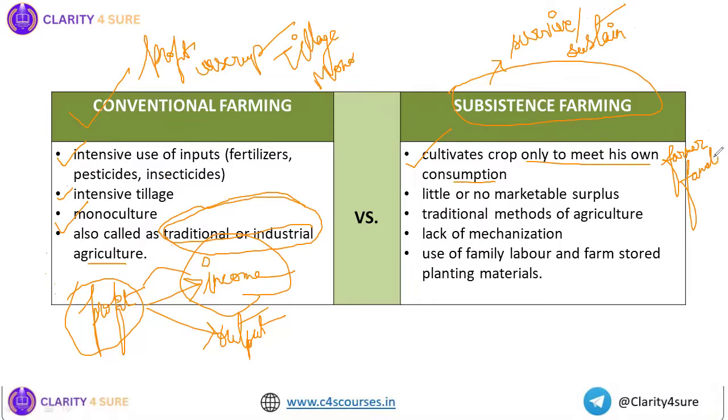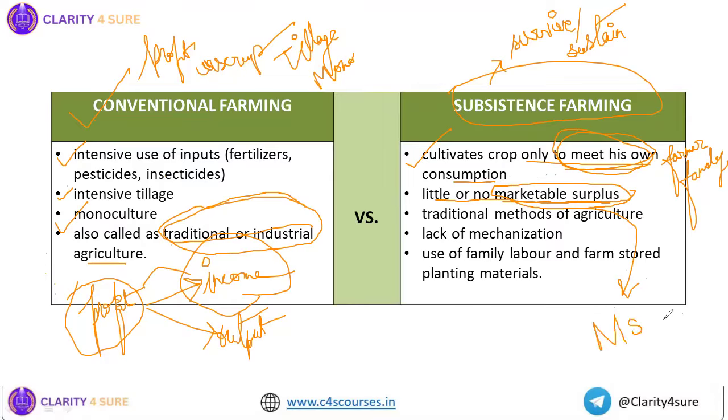Take note, that is the first point. Then, little or no marketable surplus. Whatever crops are produced, the farmer and his family will consume all. There is no marketable surplus. So what do you understand by marketable surplus? Write in the comment section what you understand by marketable surplus.